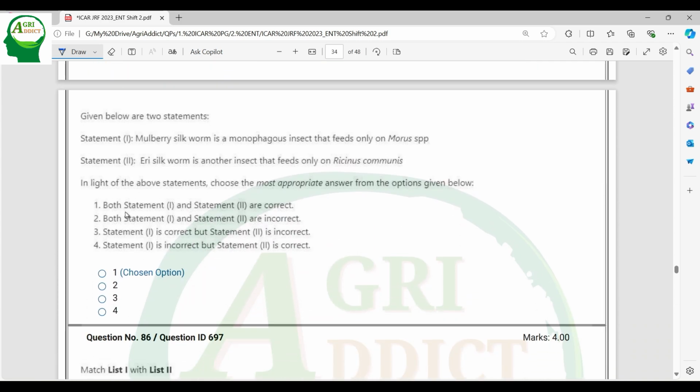So next it is a statement type question. Statement 1: mulberry silkworm is a monophagous insect that feeds only on Morus. Yes, it is correct. Statement 2: Eri silkworm is another insect that feeds only on Ricinus communis, or castor. Actually, it is mainly feeding on castor, but there is another host, that is Kesaru.